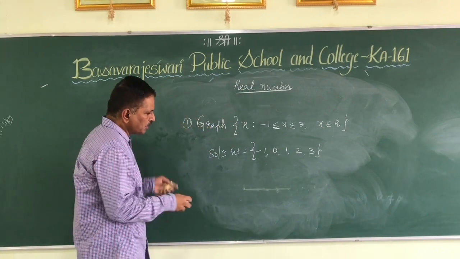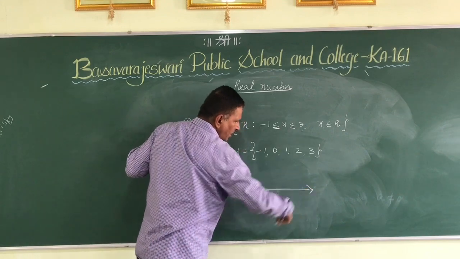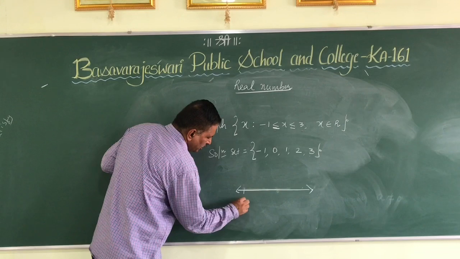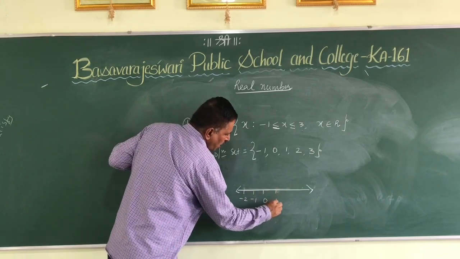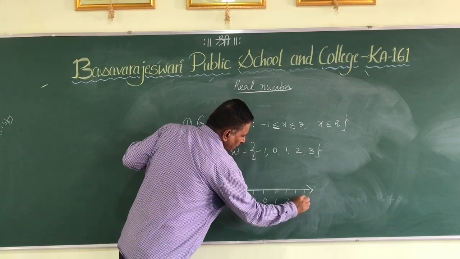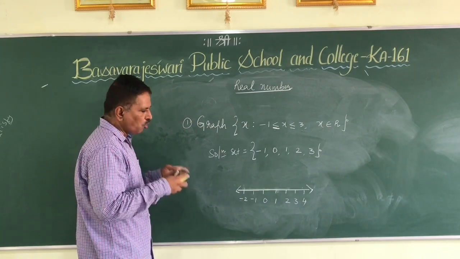Then you have to represent this on the number line. Again, you can start with -1 or -2, anywhere. -2, -1, 0, 1, 2, 3, as well as 4. You have to represent the real number on the number line.